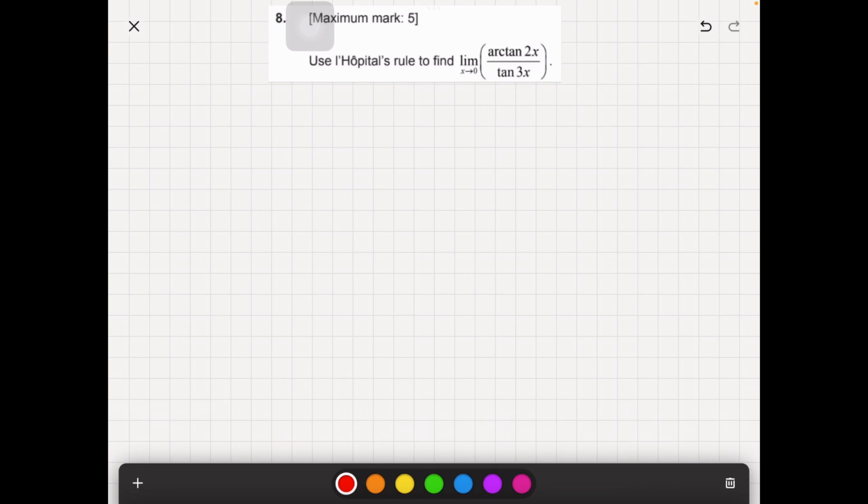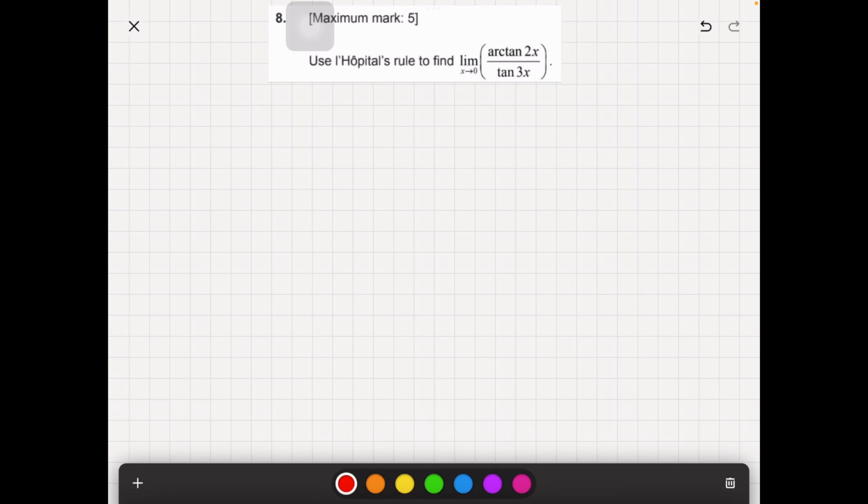So this is where it's very helpful to know what the graphs of arctan and tan look like. But even without drawing the graphs, if you just plug in 0 on the top, you get arctan of 0, and the tangent is 0 exactly when the angle inside is equal to 0.